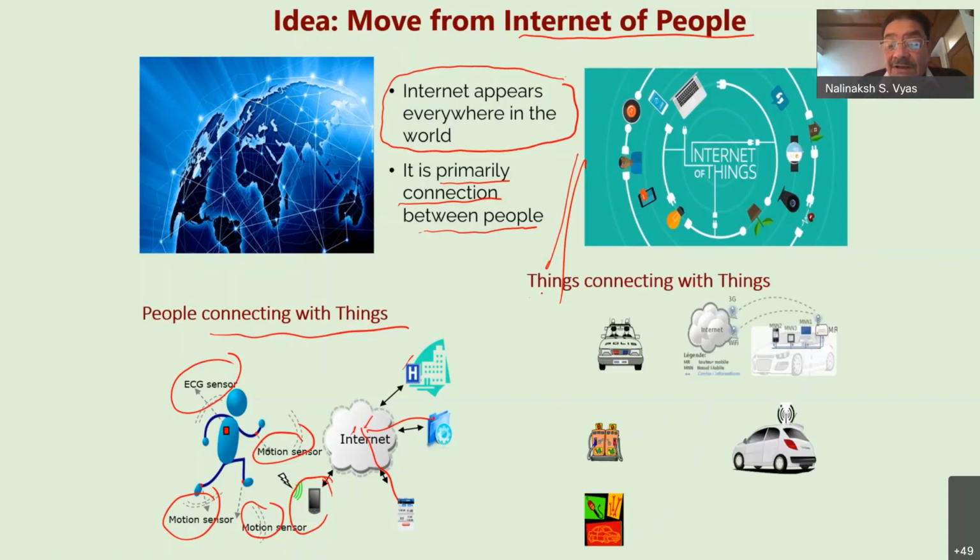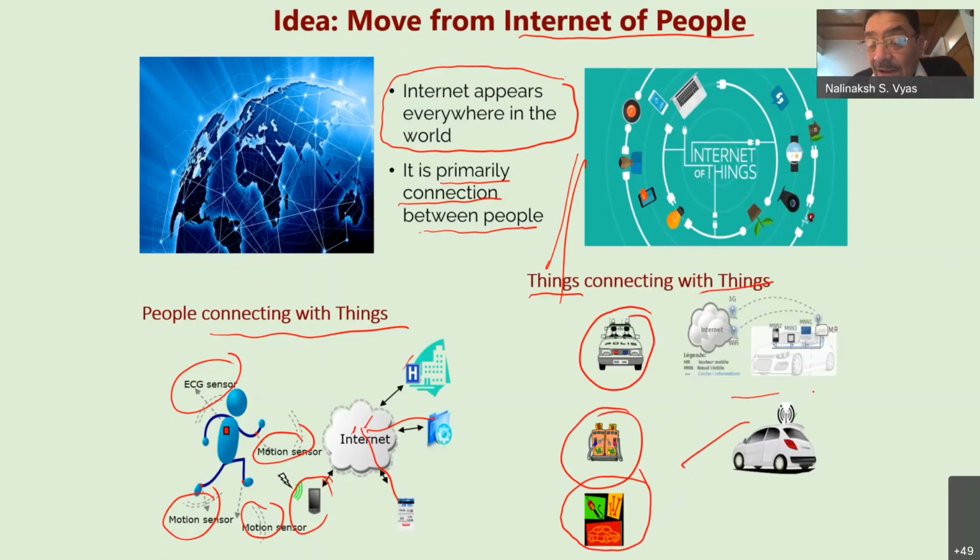Now, things connecting with things, like this car talking to the petrol station, gas station, or the car talking to the workshop while it is moving on its own, conveying its own parameters, like accelerations, pressures, temperatures, and so forth.